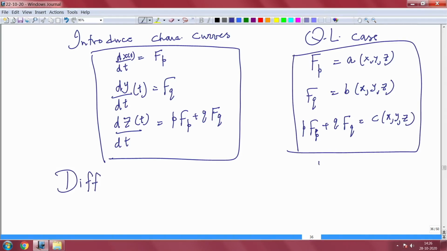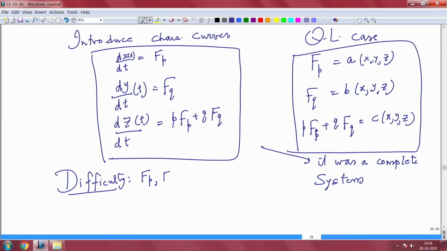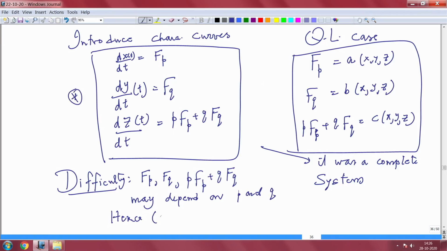The difficulty here is that fp, fq, and p fp plus q fq may also depend on p and q, and hence star need not be a complete system.